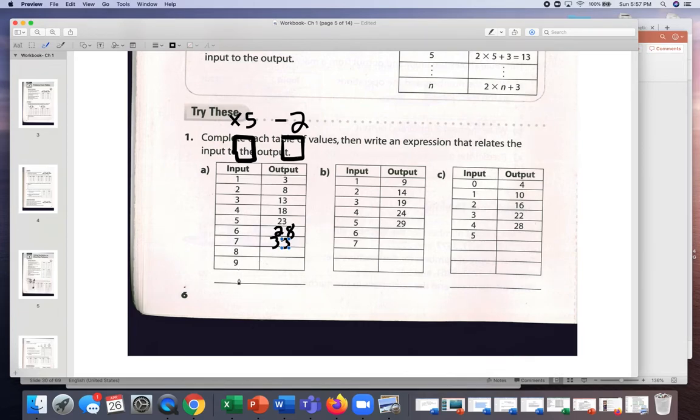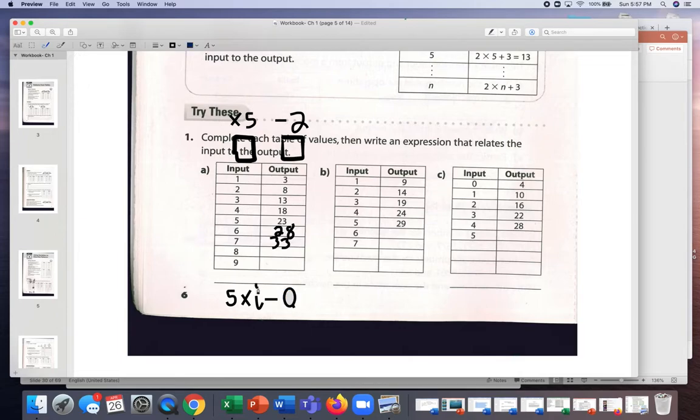So if I have 5 times, I'm going to say I for input, plus, it's minus 2. There we go, minus 2.